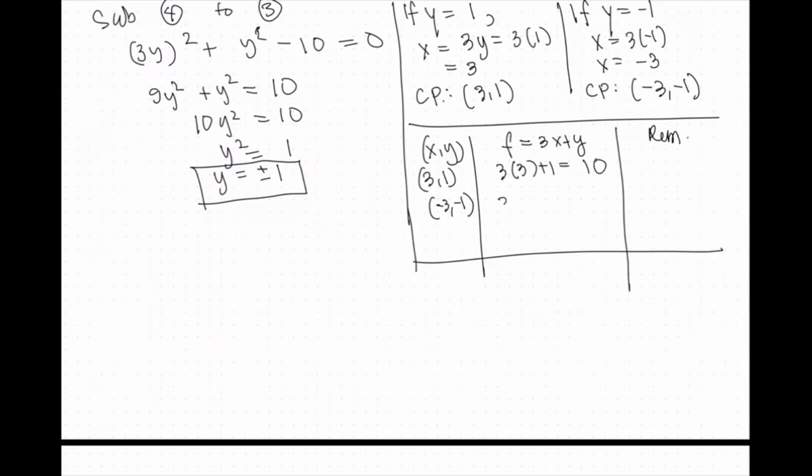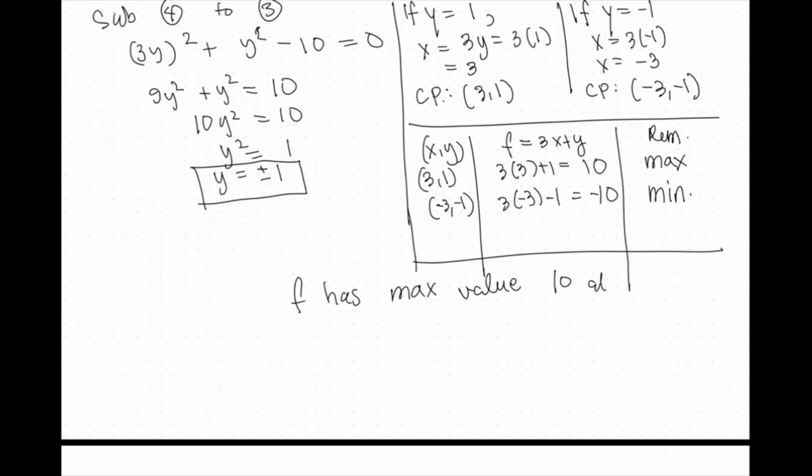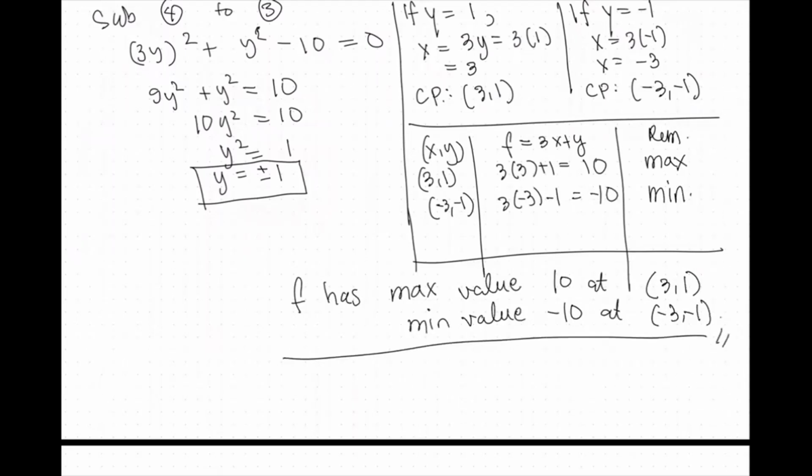And the other one is 3 times negative 3 minus 1, which is negative 10. The bigger one is the maximum and the smaller one is the minimum. And then we conclude that f has maximum value 10 at (3, 1) and minimum value negative 10 at (-3, -1). So this is our conclusion.